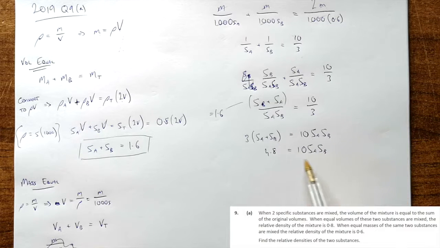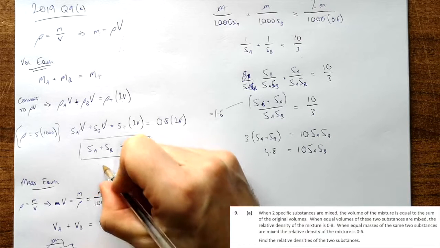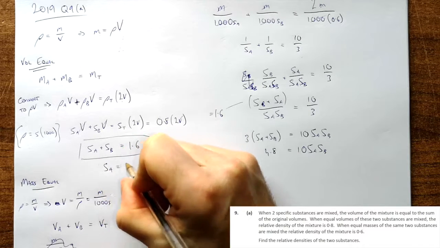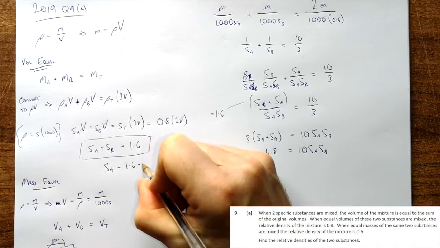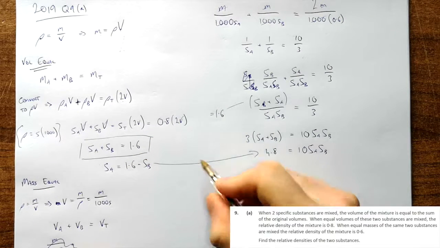Now, okay, we're getting there, but we still haven't quite got this solved yet because I still have 2 variables. However, using this here, I can say therefore SA equals 1.6 minus SB. So let's sub this in.